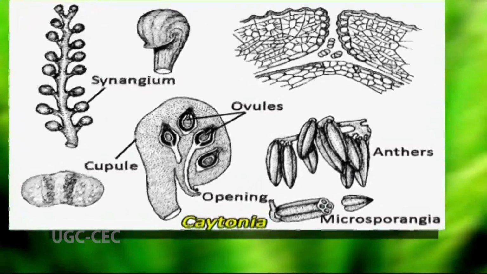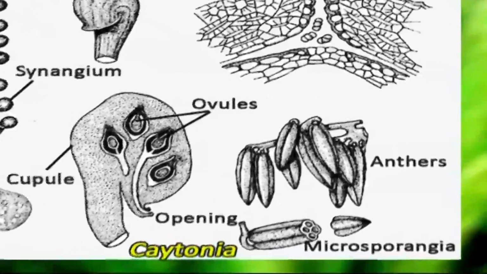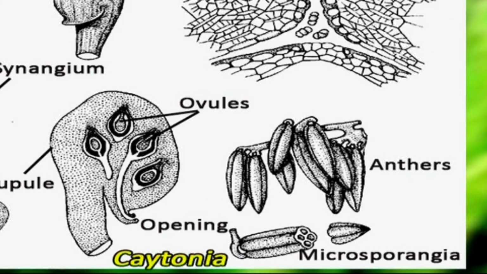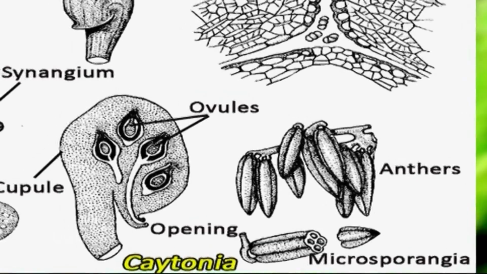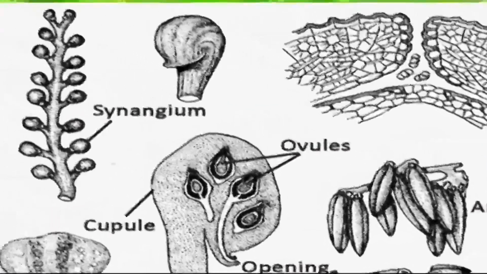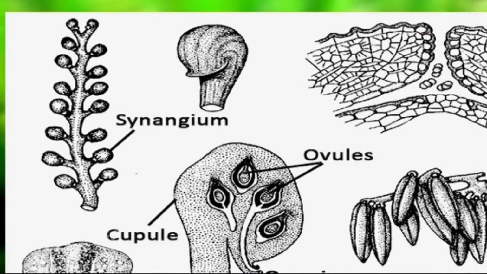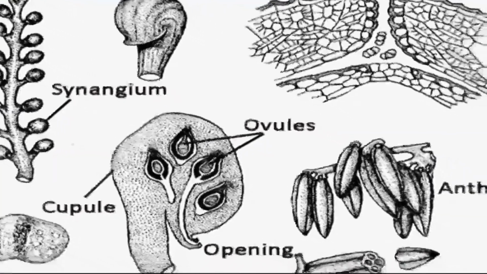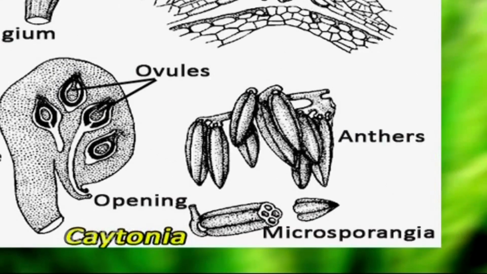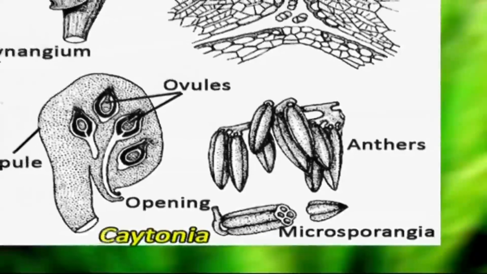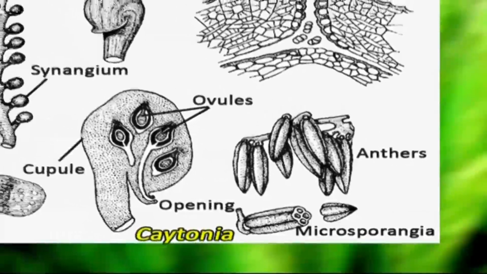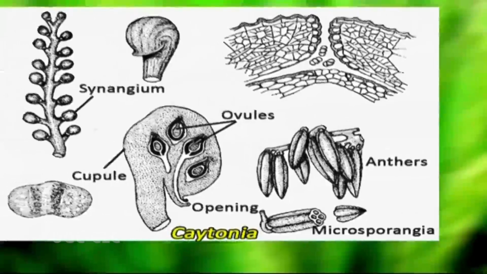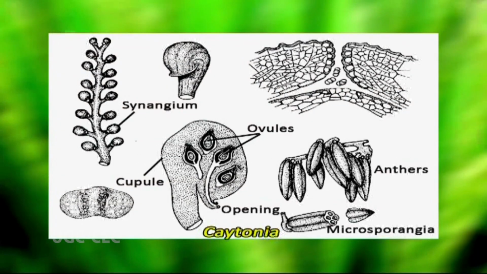In Caytonia, the male reproductive structure resembles anthers in consisting of a fusion product called a synangium, which bears 3 or 4 microsporangia. However, these synangia differ from angiosperm anthers in having radial symmetry in contrast to bilateral symmetry in the majority of the angiosperms.